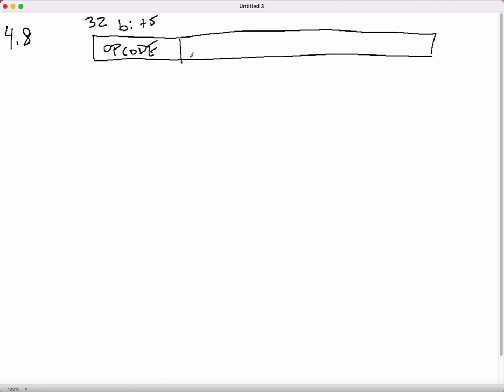We are told that there is a destination register, something called source register 1, and something called source register 2. And then very interestingly, we're told that there's some part of this instruction that is unused.